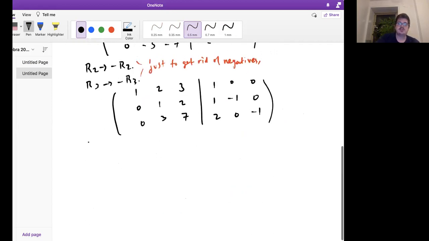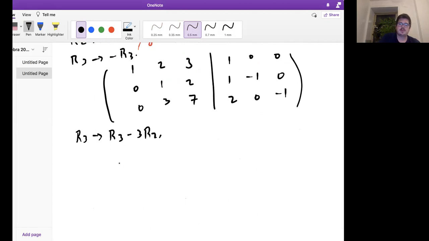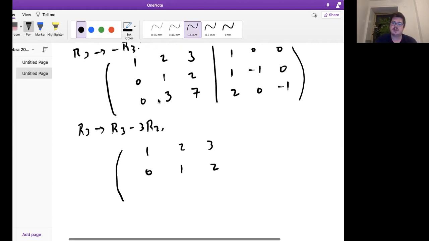Yeah, so then you want to do row 3 to row 3 minus 3 row 2. So remember, the main goal is to put the left-hand matrix into reduced row echelon form. We have done that a lot of times, so whatever works best for you.